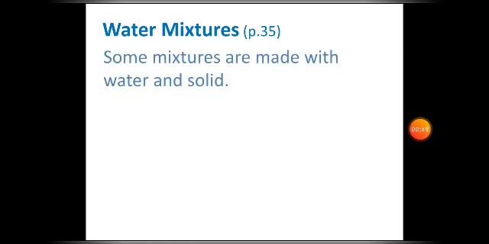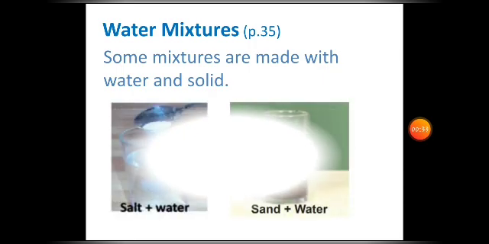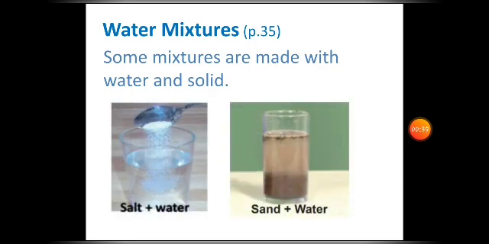Some mixtures are made up of water and solid. Take a look with this example. We have salt and water and sand and water. Salt and sand are solid, which are added to water, which is a liquid. So these are also examples of mixtures.